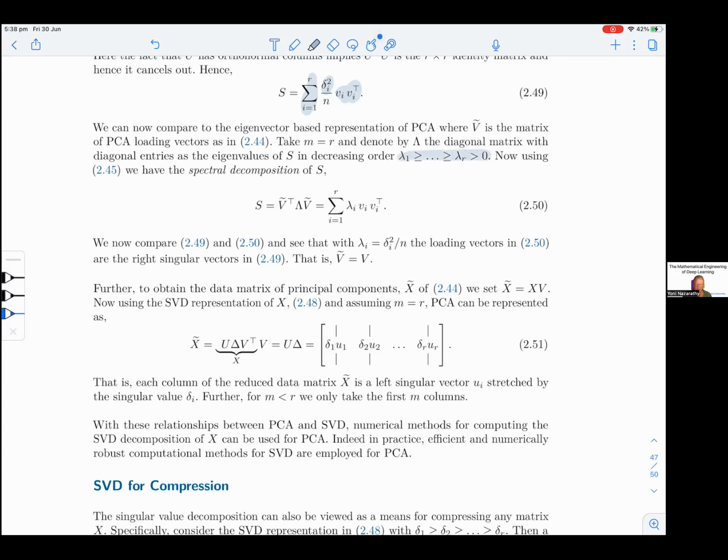So let's assume now full rank data. That gives us that the smallest eigenvalue, lambda R, is still strictly positive.